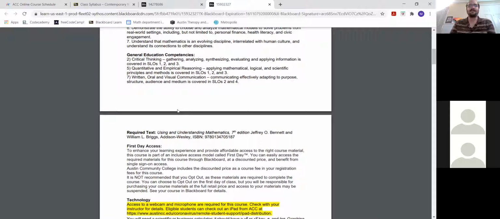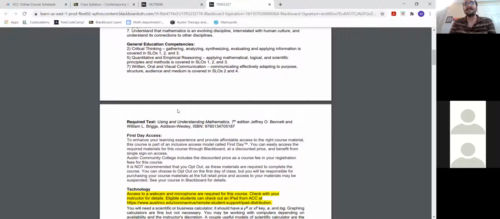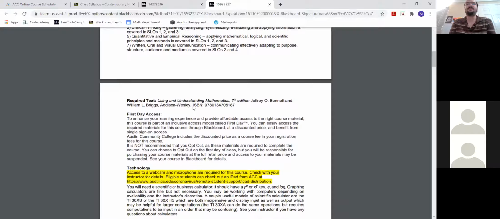And there's a lot of math that we will do where I'll say we're doing this because it's what they do by convention, right? So there are biases that are within math. The general education competencies: critical thinking, quantitative and empirical reasoning, and so on.